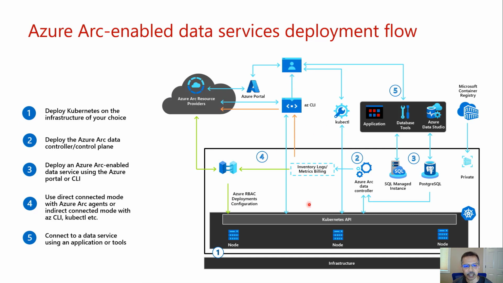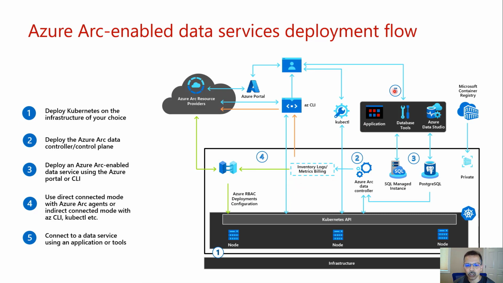In indirectly connected mode, all the data resides within the cluster and you can export it manually offline, but it provides you a mechanism to use Azure Data Studio or Azure CLI or the Kubernetes native tools.